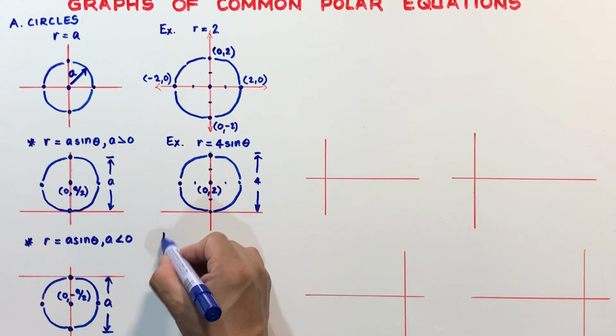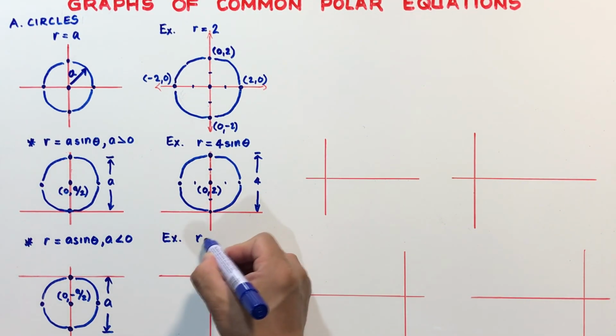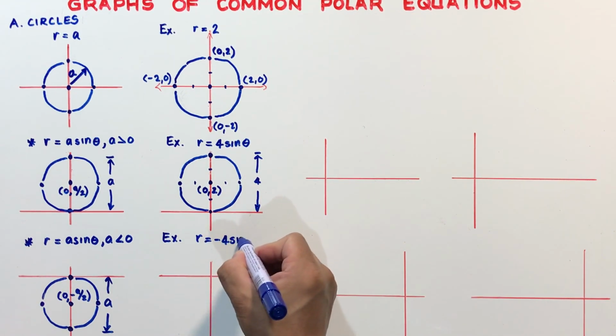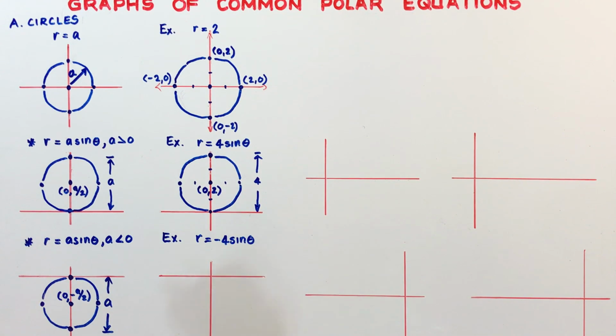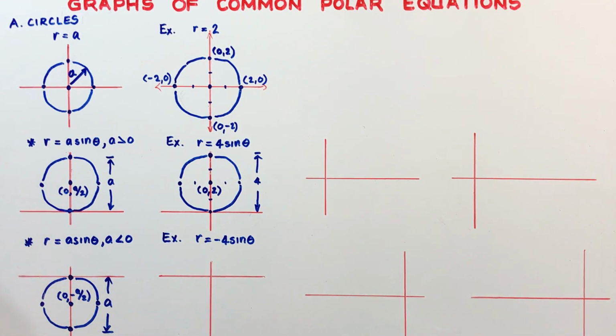Another example is r = -4 sin θ. You see that the numerical coefficient is negative. Then this is a circle which is below the x-axis but still has a diameter of 4.